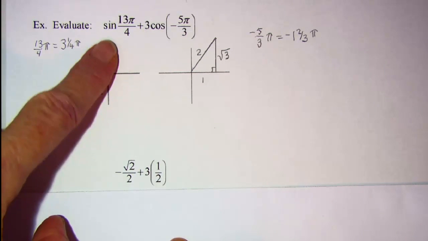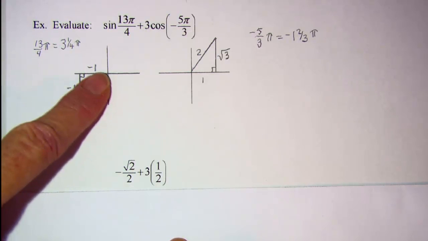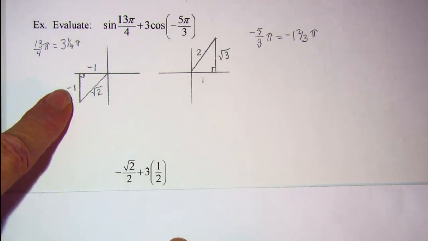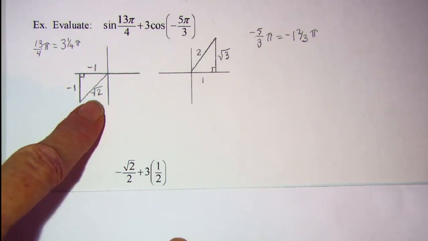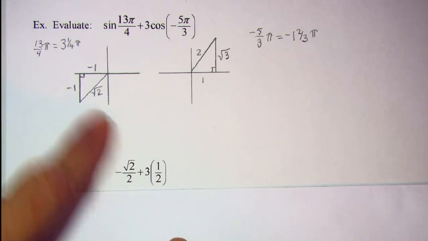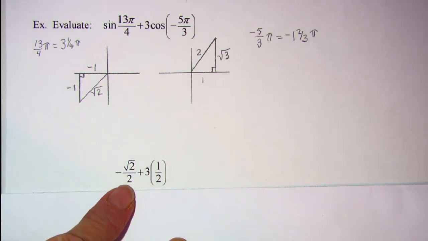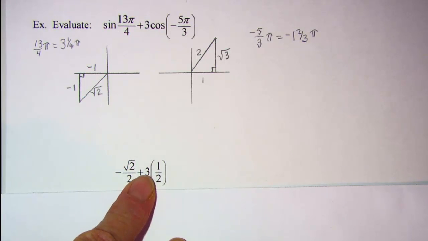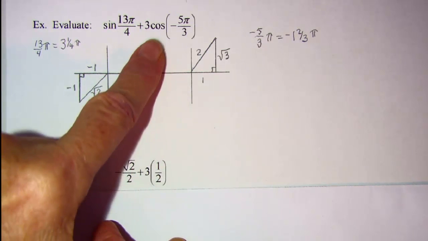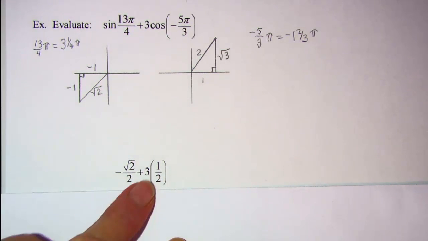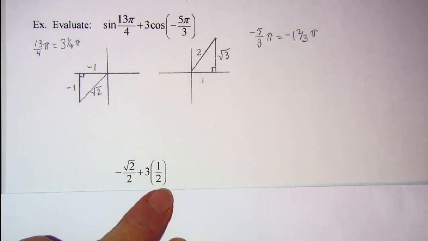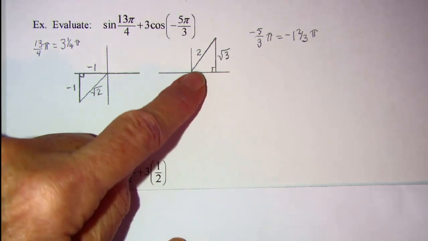Alright, so I want the sine of this reference angle, which is opposite over hypotenuse. -1 over √2 rationalizes the denominator to a negative √2 over 2, plus, and then my second term I have 3 times the cosine, so I wrote 3 times, and then I need the cosine of my reference angle that I've drawn.